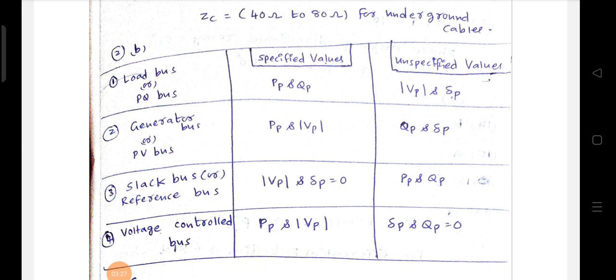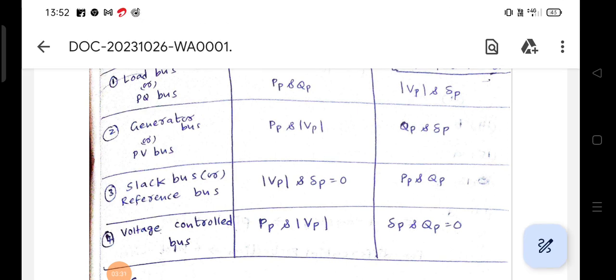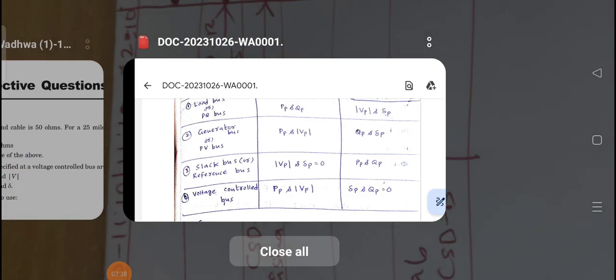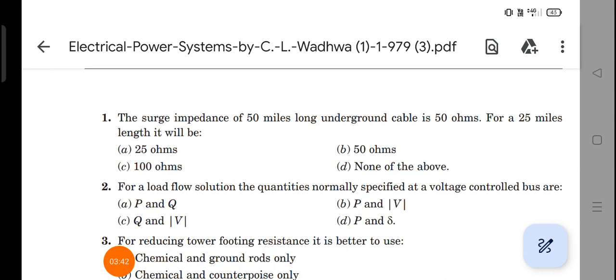Voltage controlled bus, right? In case of voltage controlled bus the specified values are real power P and voltage V. P and V is the answer. For the second question the answer is P and V. The second option is correct.